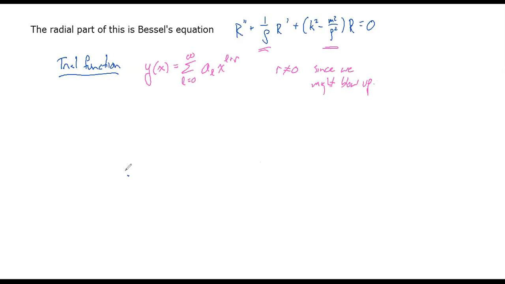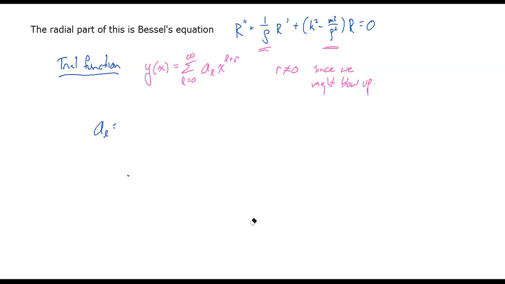Okay. So the next step is to develop an indicial equation, which is to just throw this thing in, and you end up with this. Actually, I shouldn't write it like that.